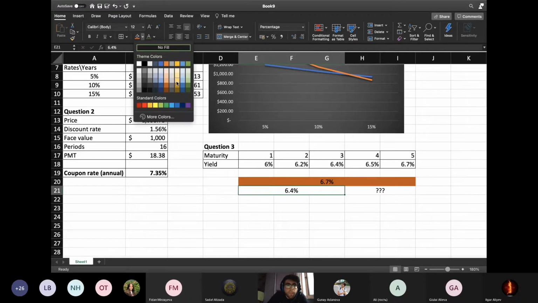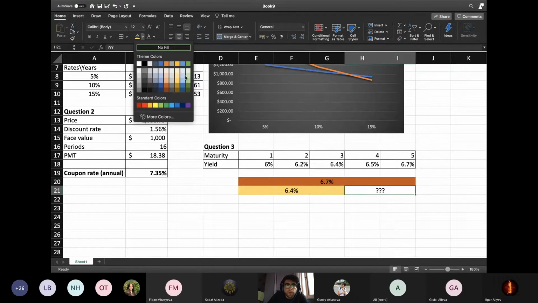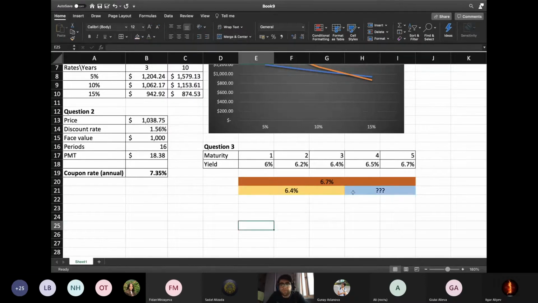Let me color them. 5-year yield is 6.7, 3-year yield 6.4, and we are supposed to find this one: after 3 years, the yield of the bond with 2 years maturity.